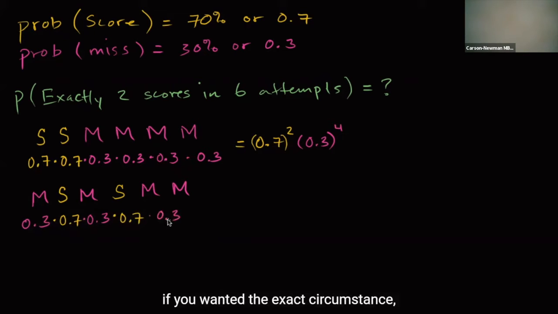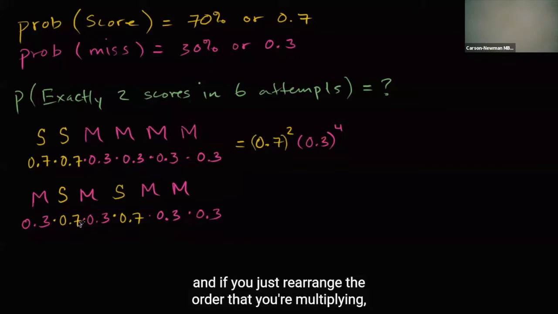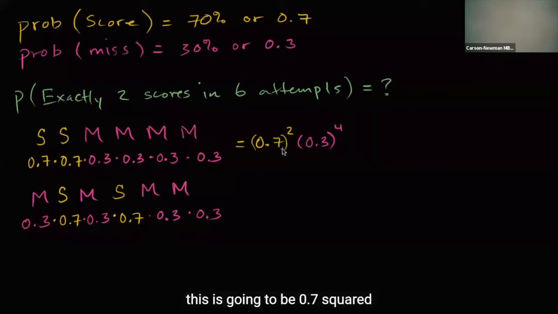If you wanted this exact circumstance, this is once again going to be 0.7 squared times 0.3 to the fourth power, if you just rearrange the order in which you're multiplying. So for any one of these particular ways to get exactly 2 scores in 6 attempts, the probability is going to be this.